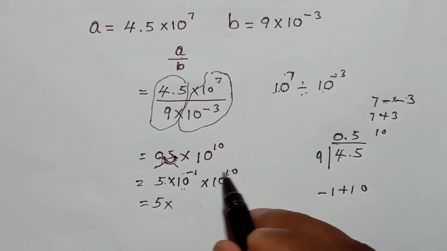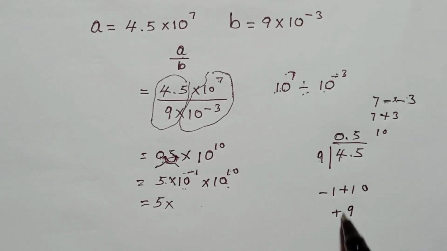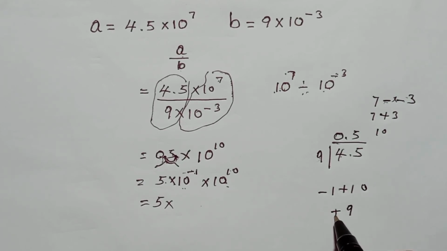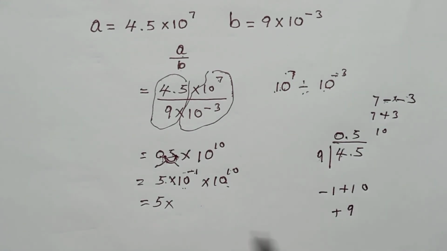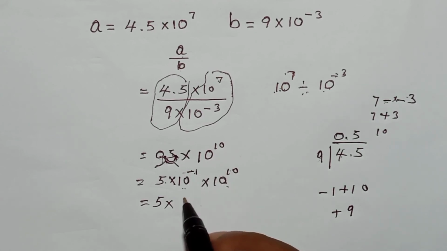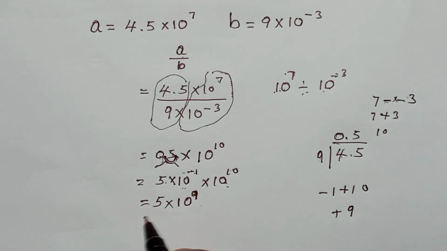With different signs, take the bigger one's sign and get the difference: the bigger one is 10, so it's plus, and 10 minus 1 is 9. So the index will be 9. So the final one is 5 into 10 to the power 9, that's the final answer for this.